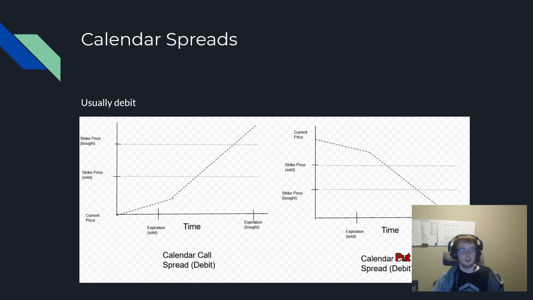As long as you are buying one farther away in time, not in money, in time, it will still be a debit because that one will cost more than the closer one in time. So again, the idea is that you're predicting low volatility short term and then an increase in volatility.